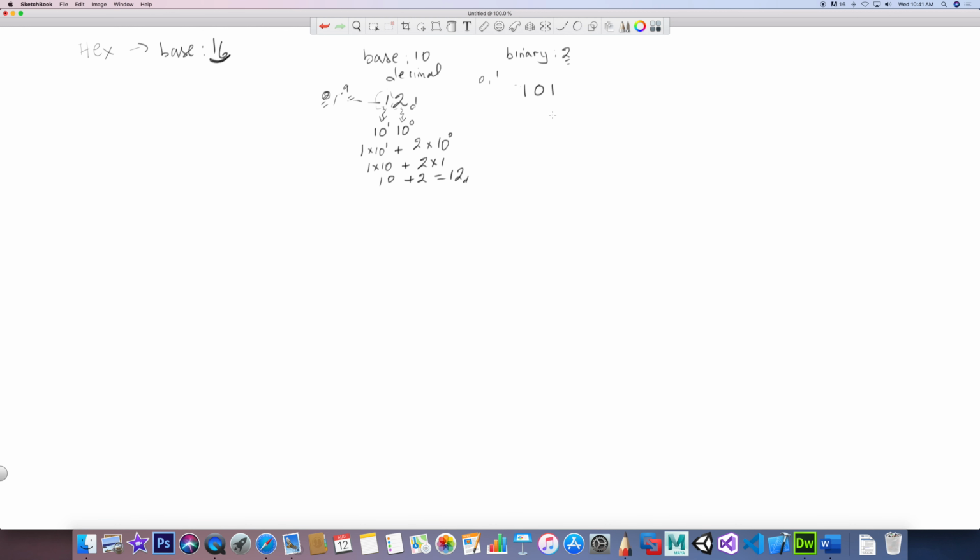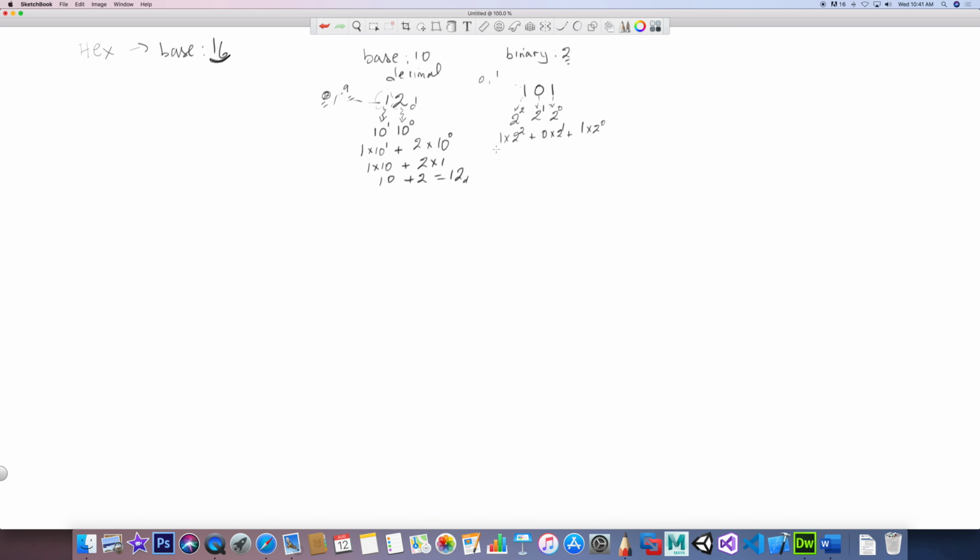But then again, we take the base and put the weight on it. The base, weight, base, weight, right? So again, this will be the weight for this one, the weight for this one, the weight for this one. And then the same process. Okay? So that would be 1 times 2 to the 2 plus 0 times 2 to the 1 plus 1 times 2 to the 0.